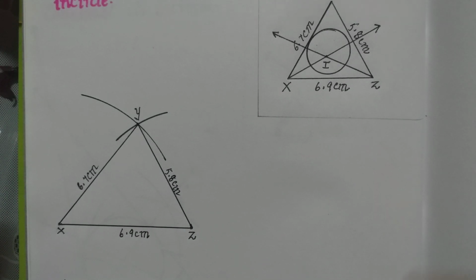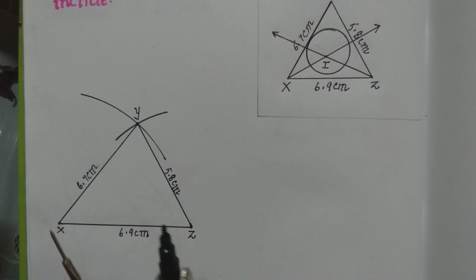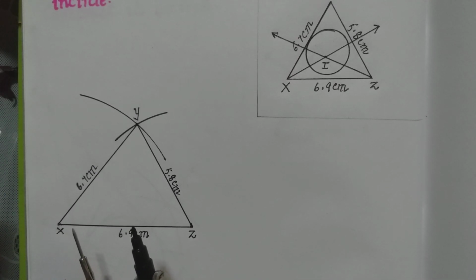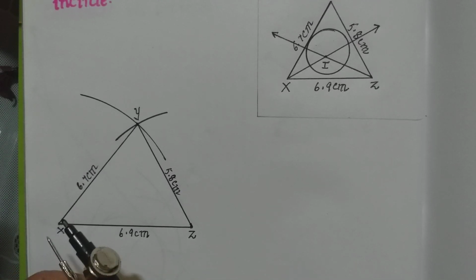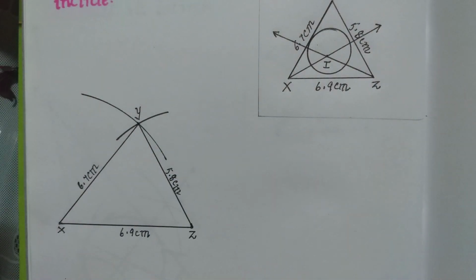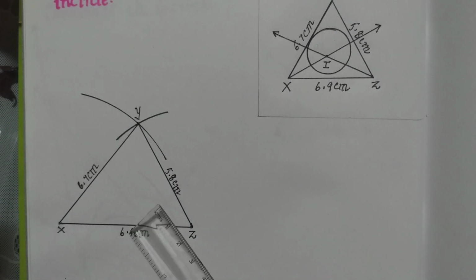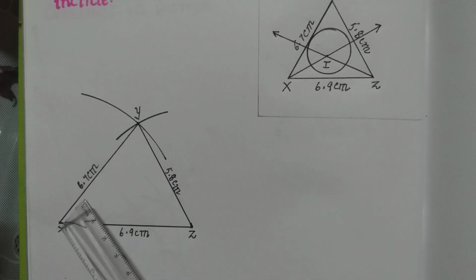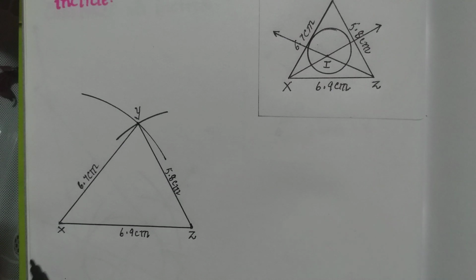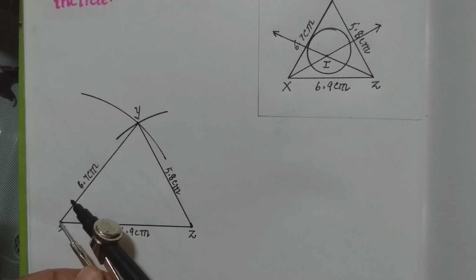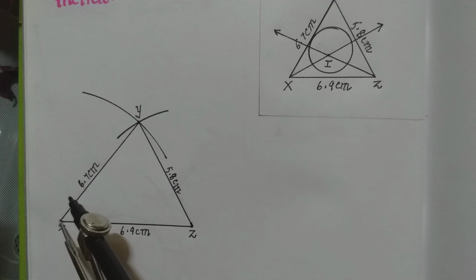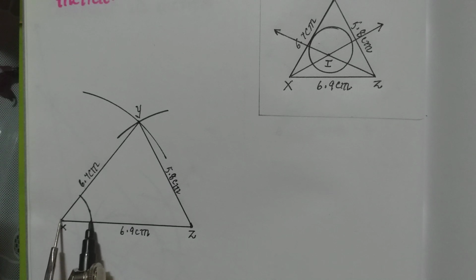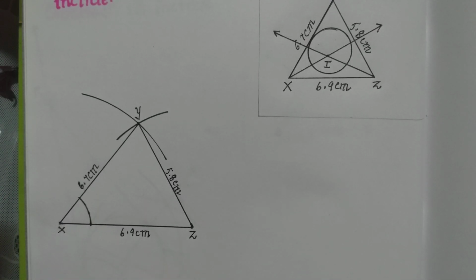Now coming to the angle bisectors of the two angles, that is, we will consider angle X and angle Z. So first we draw a small part of a circle which will touch the two arms of this angle X. So keeping X as a center, I will draw a small part of the circle which is touching the two arms of this angle.